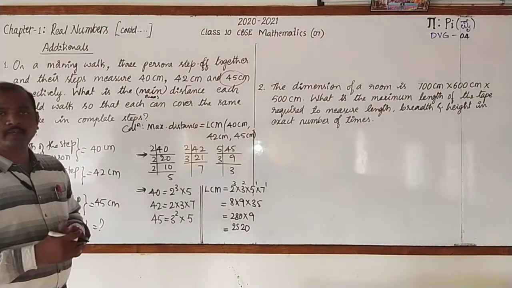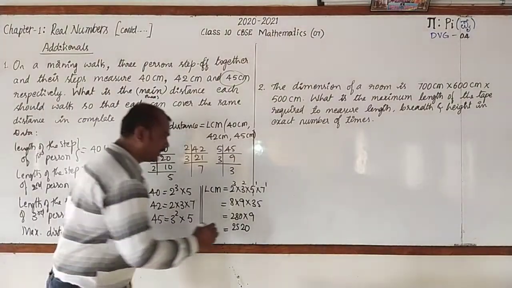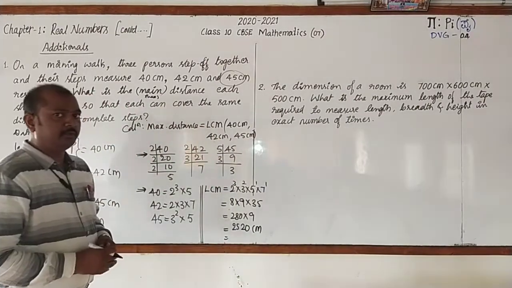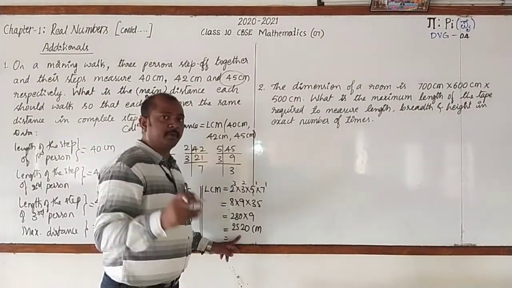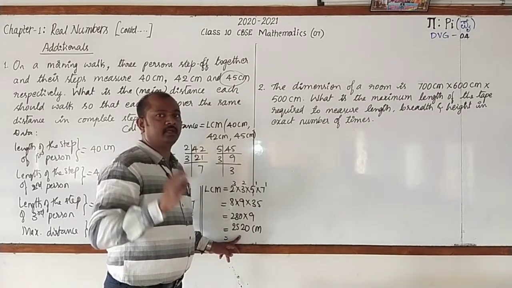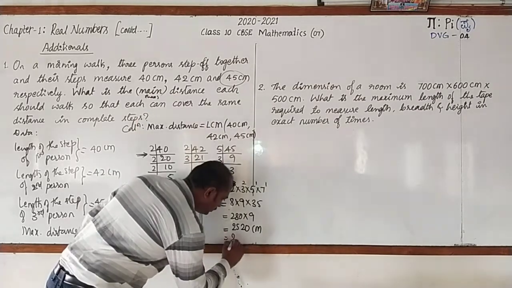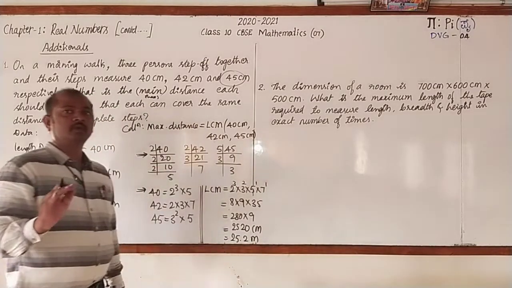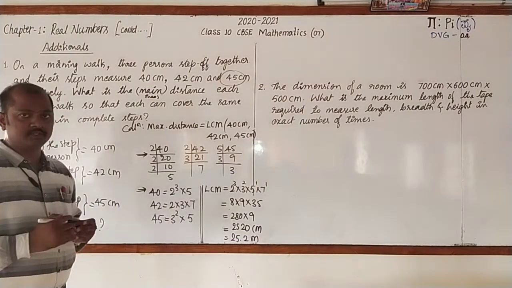You can also go for expressing that in meter. To express this much centimeter in meter, it should be divided by 100, because 1 meter equals 100 centimeter. Then it will be 25.2 meter. Hope that you all have understood this one.